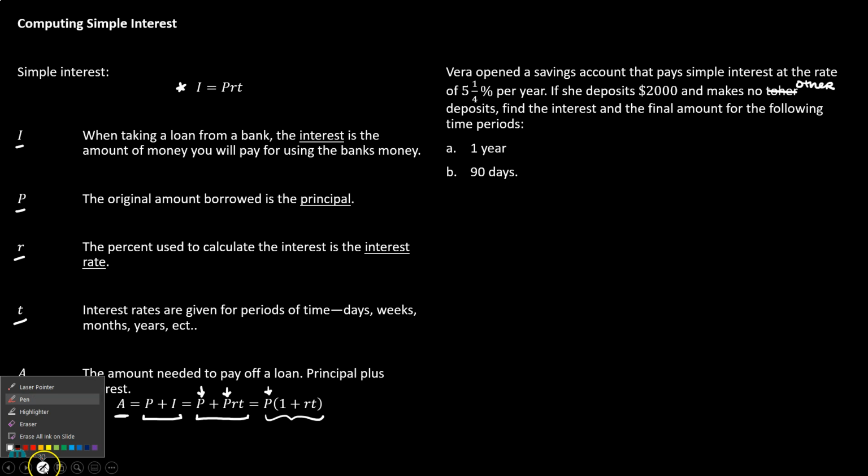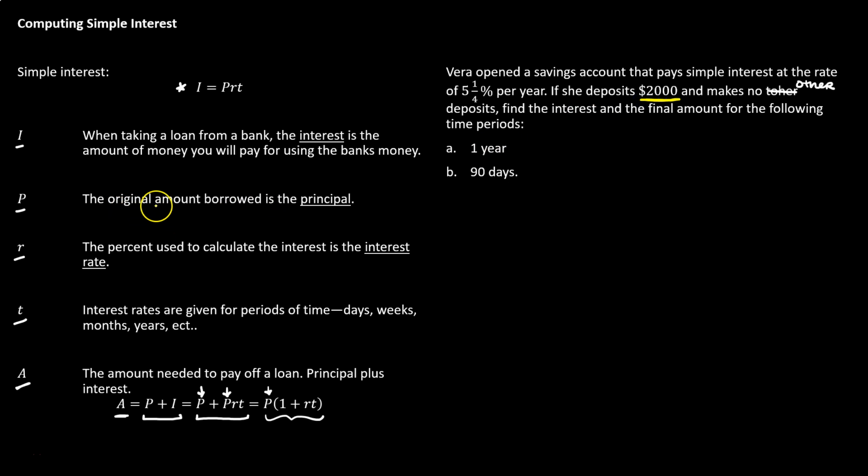So the first thing I want to do is go through and identify the values of interest here. So first of all, we know that Vera's savings account has $2,000 in that initial deposit. So that sounds a lot like the initial amount being borrowed, this time it's being deposited. That's her principal. So her principal is $2,000. Next, we can see a percent, and typically your interest rate is always going to be written out as some percent, and it's going to be associated with a time frame.